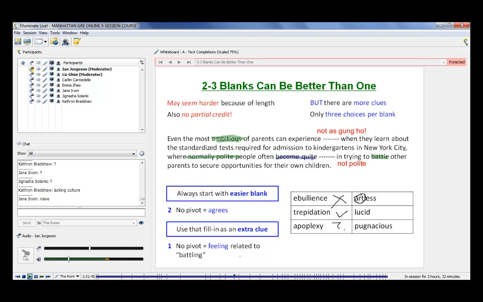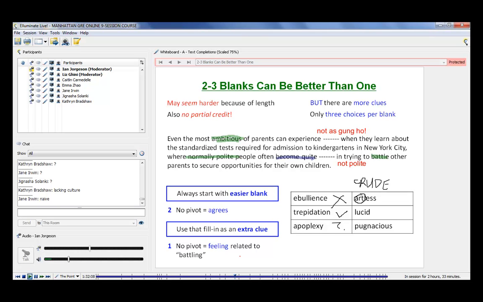So, Catherine, I agree, lacking culture, but only if you mean culture in a broader sense and not in the pure sense of just unable to make music or unable to draw pictures. Artless really means crude, I think, is a really good definition for artless, right? Lacking skill or ability. Crude.